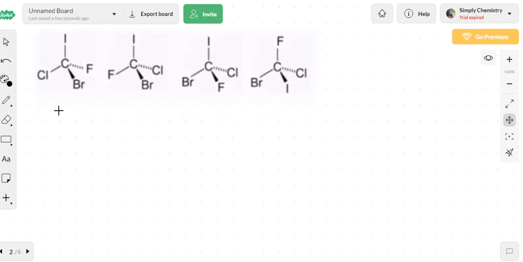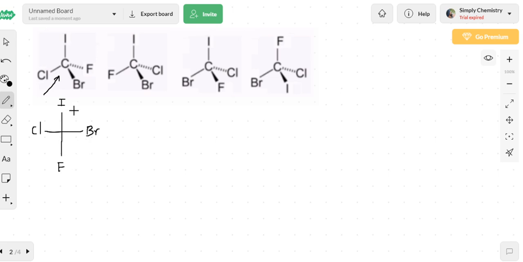So always remember, the group that is projected behind will be at the bottom of the Fischer notation. So if you view this molecule from this direction, you could see your chlorine is at your left side, bromine is at your right side, and iodine is at your top.